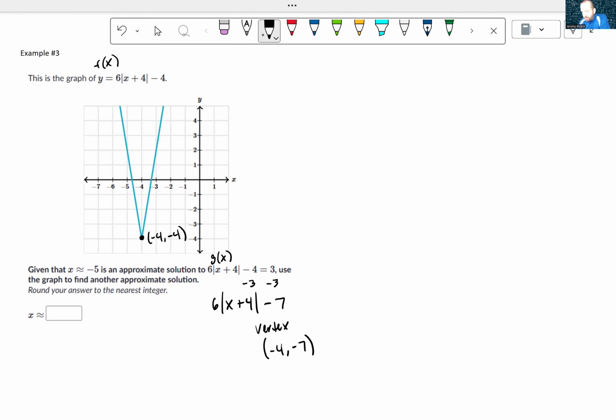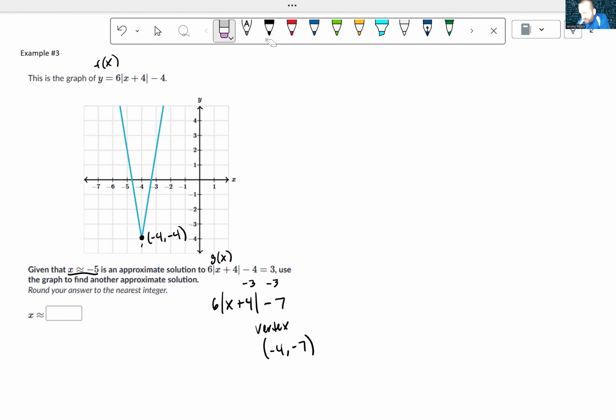It says when we shift this down 3 units, x equals -5 is one of our answers. We haven't changed how wide this graph is. We haven't stretched it, we haven't made it thinner or wider. It's the same shape, just shifted down 3 units. You can't really see it on the graph, but maybe the vertex would be about there.